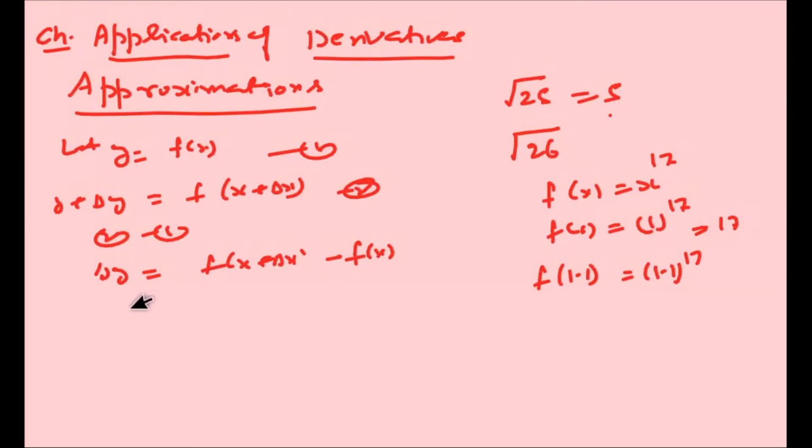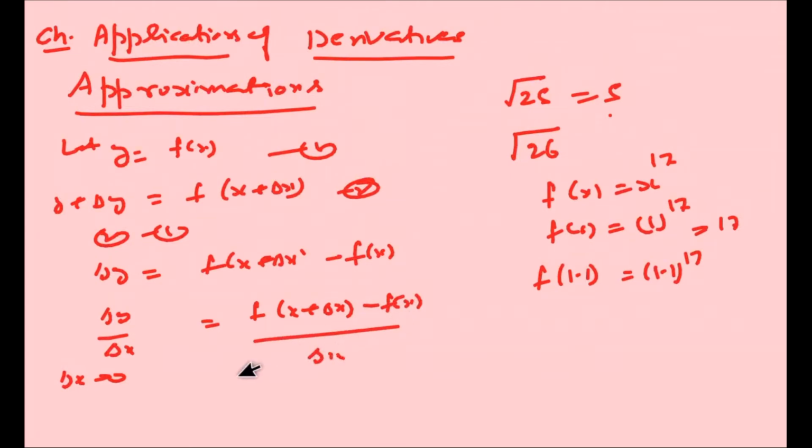If we divide by delta x, and delta x tends towards 0, a very small change in delta x, this is known as the first principle, and this is known as dy by dx, the derivative of y with respect to x.